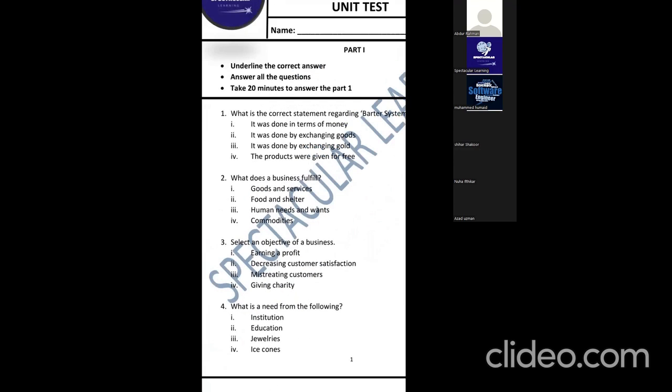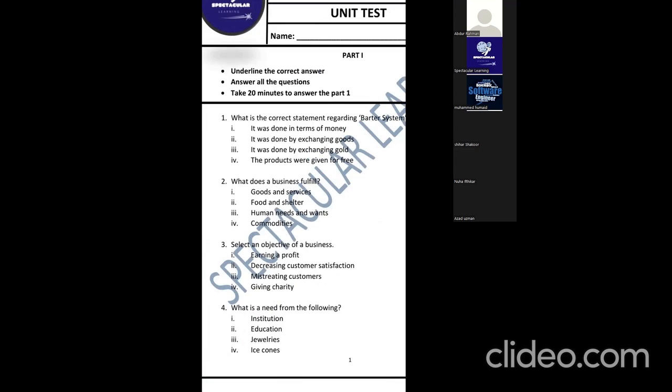So the second question, what does a business fulfill? The first one, goods and services. Any other answer? Somebody said the first one.